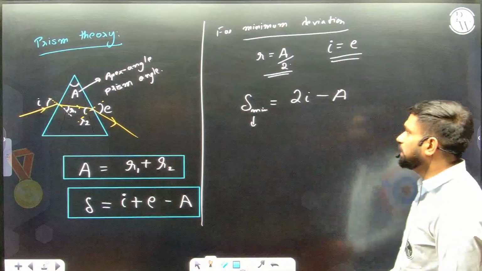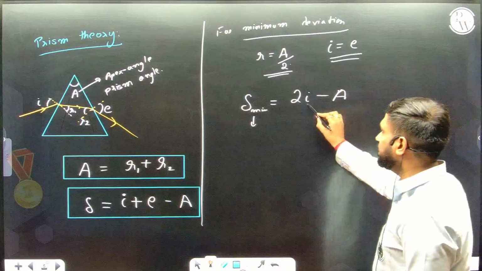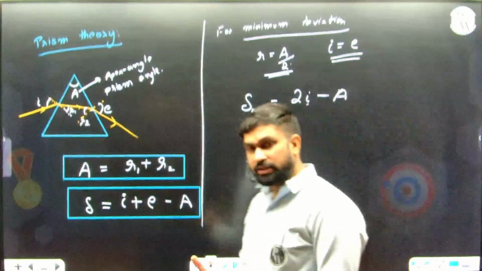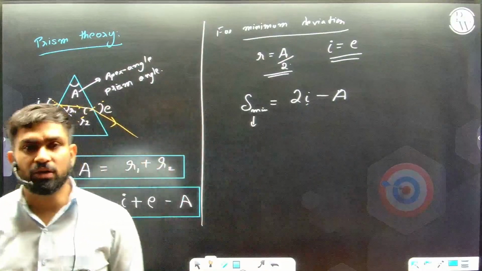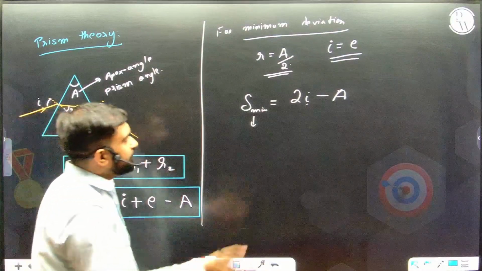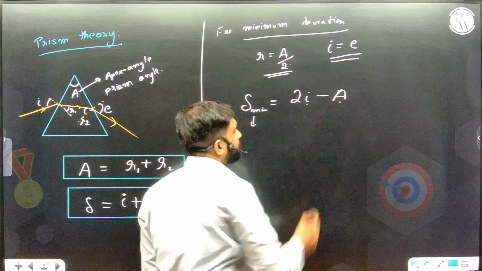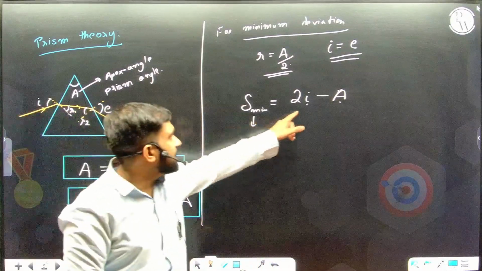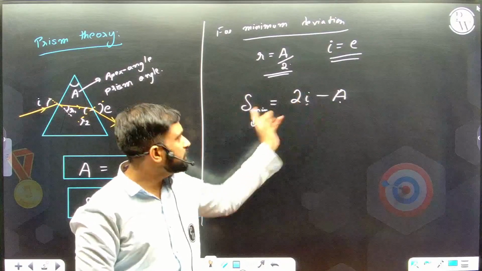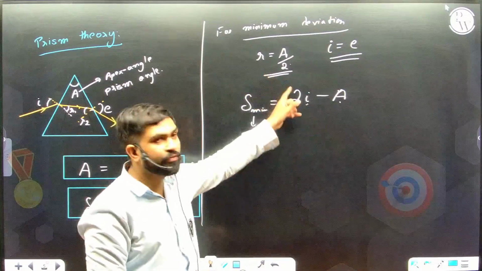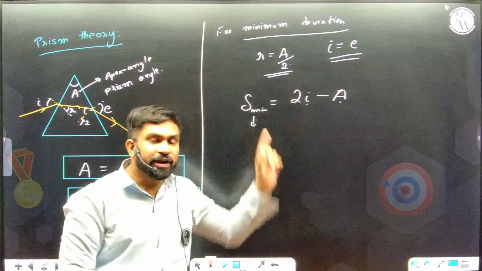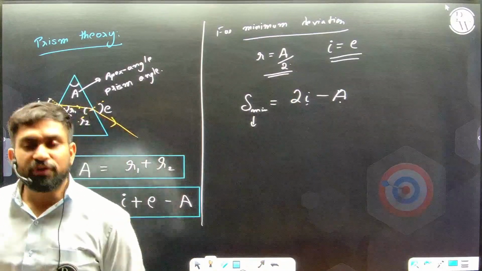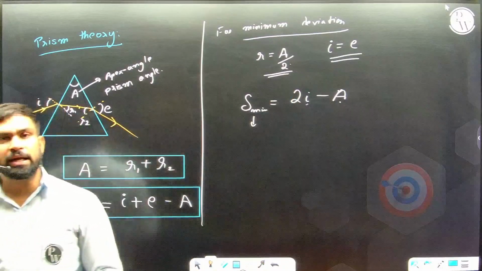Get it or not? They can give you the angle of incidence, whatever it is, and the angle of prism. Now tell me, can we figure out the angle of incidence from these two things, and also the angle of refraction from here? If I get the angle of incidence and the angle of refraction, can't I apply Snell's law?